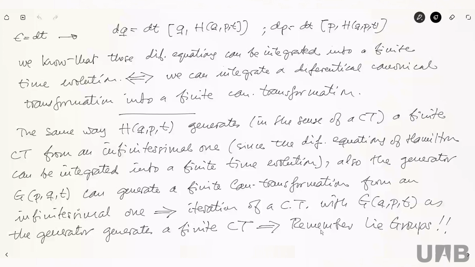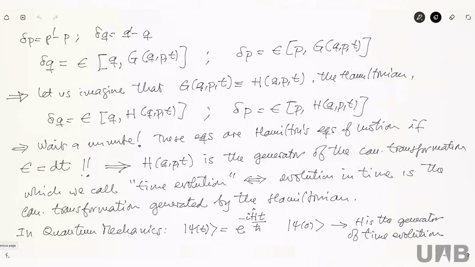Well, but I see it clearly with the Hamiltonian, but not with a general G. Of course, yes. Here I agree with you. I didn't show that this is true in general. I just showed that for these equations, in one particular case, you know what the answer is when you integrate them.